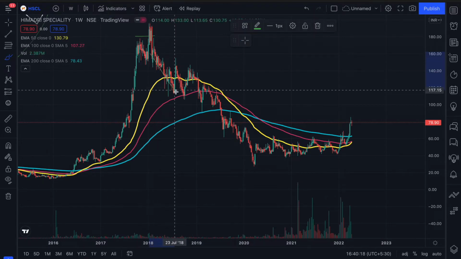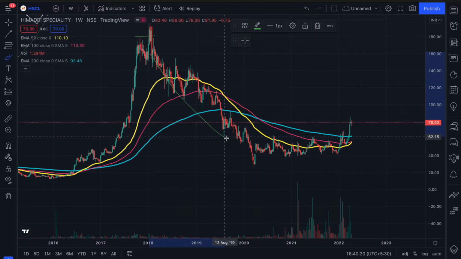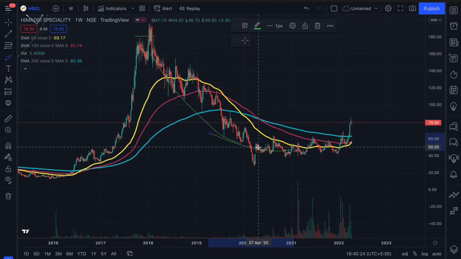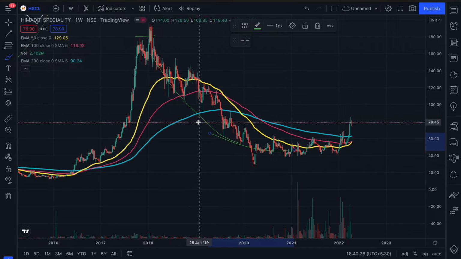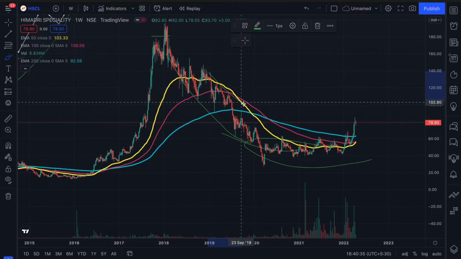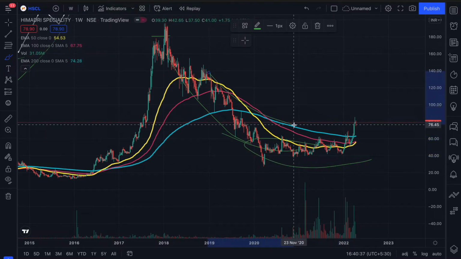Now as the price comes down, the buyers regain interest and the sellers start to lose interest. Buyers are getting interested in the stock because it is available at a lower price, and the sellers, who have already sold, are getting less interested and are getting wiped out of the market.